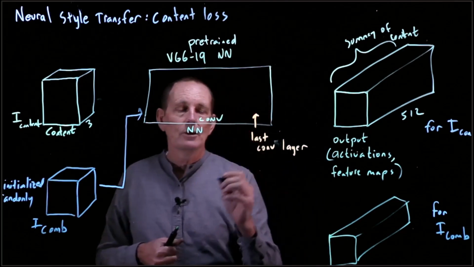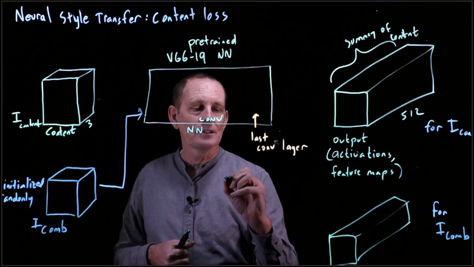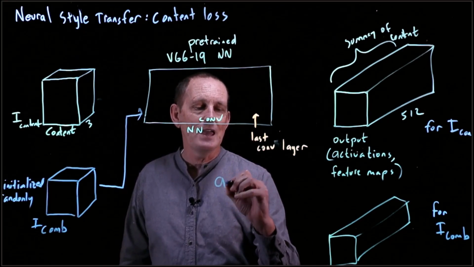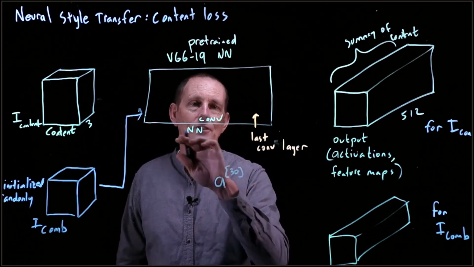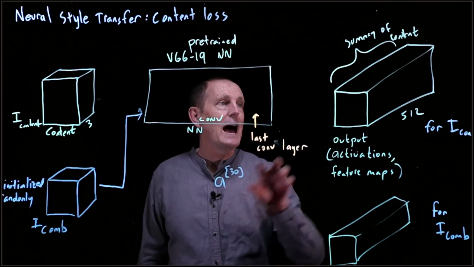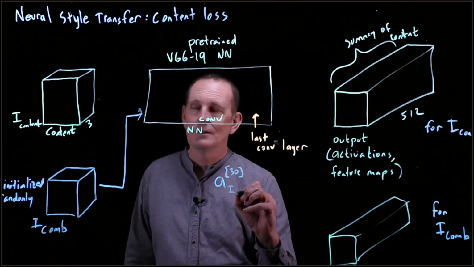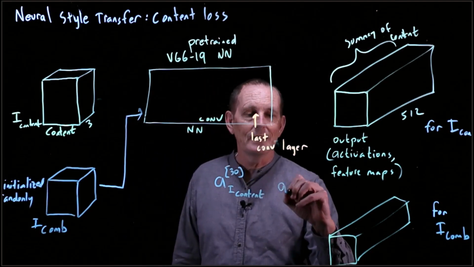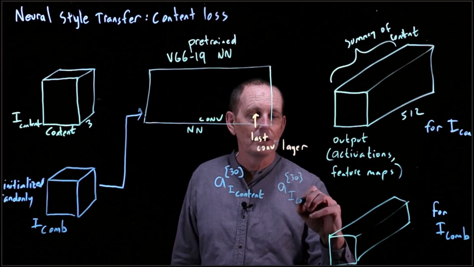So that is how we're going to do the combination. So what are we going to do? We're going to basically take some convolution layer here, right? So this is going to be the output of a convolution. So this is going to be some A at, I don't know, let's just say 30. Okay, it's the 30th layer in here. So that is this one. So this is for the iContent. We'll also calculate A at 30 for the iComb.